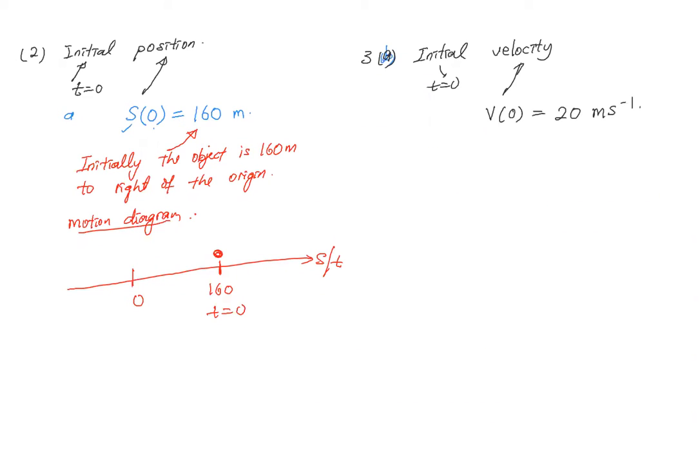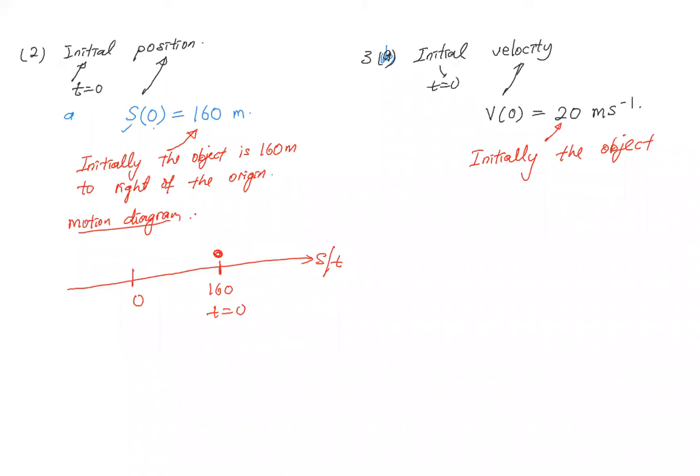Okay, Kiko, can you interpret this? Is it the initial velocity? Initially, the object has a velocity of 20 ms negative 1. So that is not interpret.